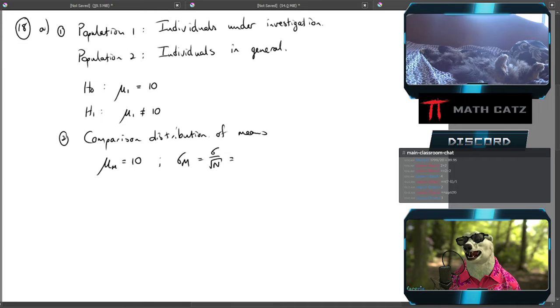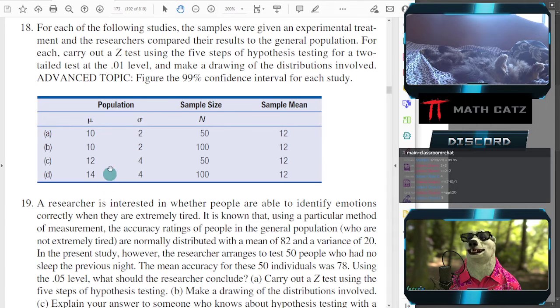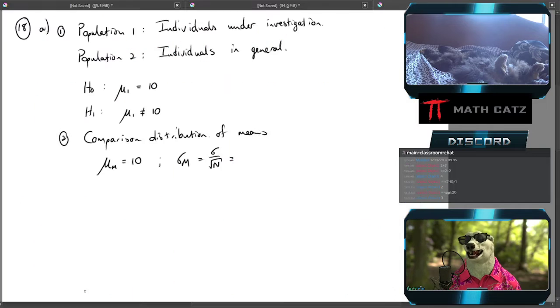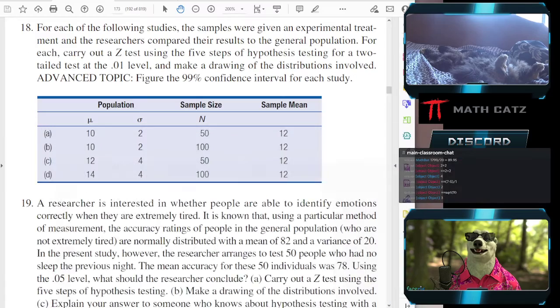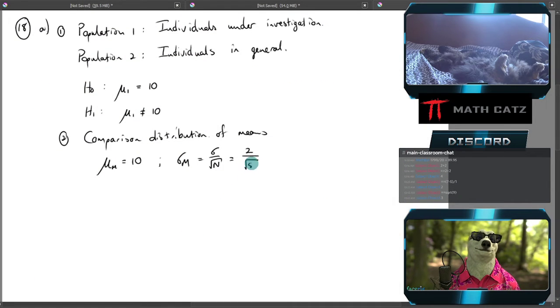And in our case, the standard deviation is given as 2, and our sample size is 50. So let's calculate that. Go to my calculator here in the Discord chat, and I'll calculate 2 divided by square root of 50.